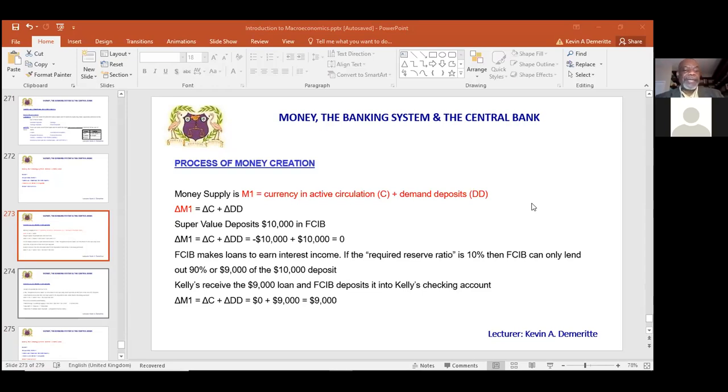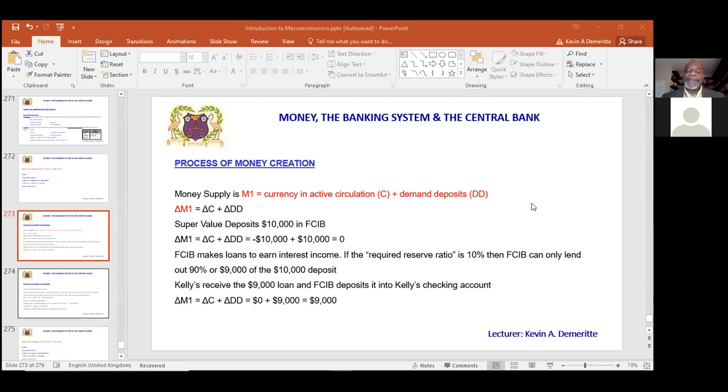Right? So FCIB is able to make loans to earn interest. If the required reserve ratio is 10%, then FCIB can only lend out 90%, or 9,000, of that $10,000 deposit that came in. Still with me? All right. Super Value deposits 10,000.